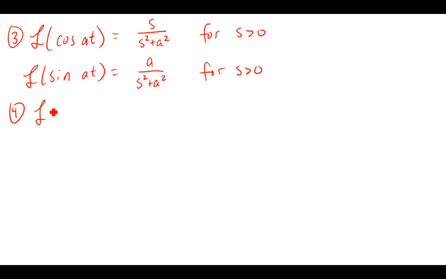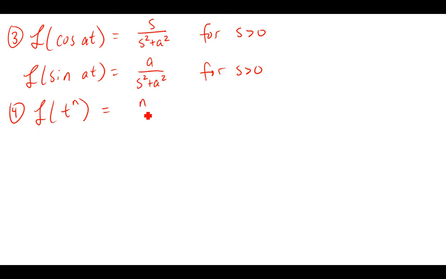Let me just list one more that we might want to know. How about t to some power? Oh boy, this is one where I might mess this up. I don't have the chart right in front of me, but, oh gosh, right, okay.